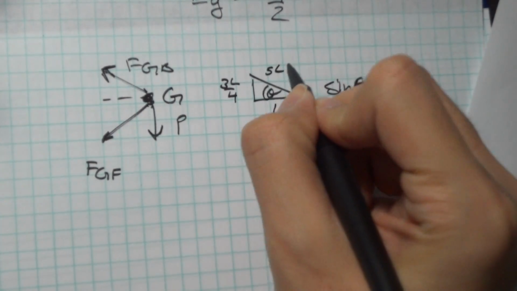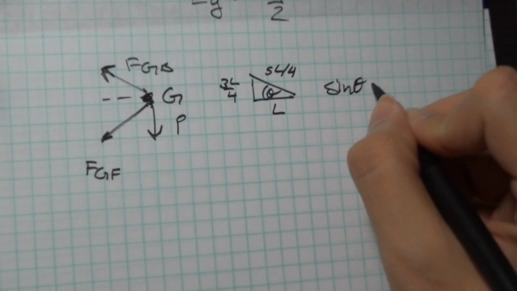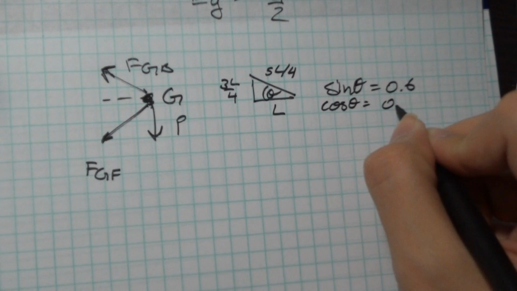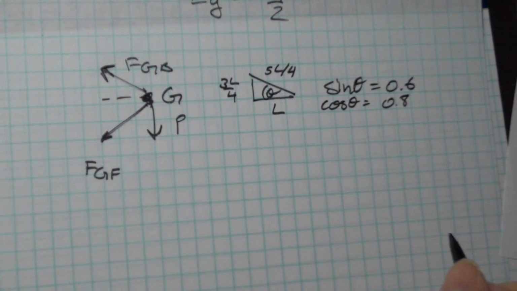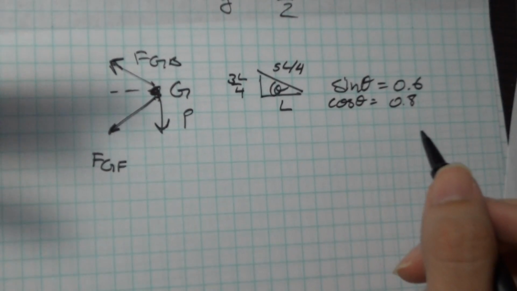This length up here will be 5L on 4. Sine theta is just opposite over hypotenuse, so sine theta will be equal to 0.6. Cosine theta will be equal to 0.8. And you can just show this very quickly.